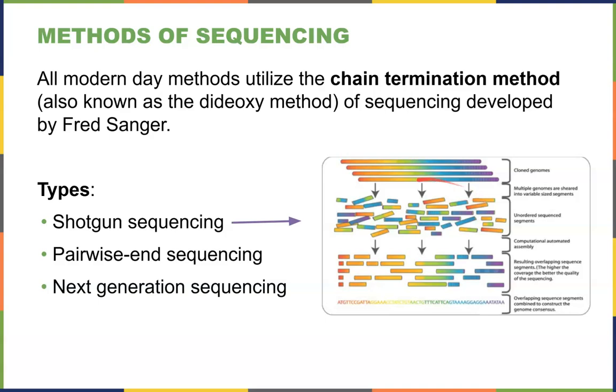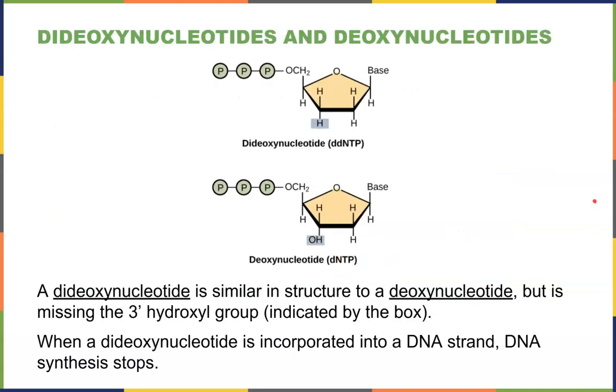Then based on these sections, you're going to piece them back together like a puzzle. This piecing back together part of the process is where they start to determine what base pairs are where. It sounds super complex, and it is, but that's the basis of it.